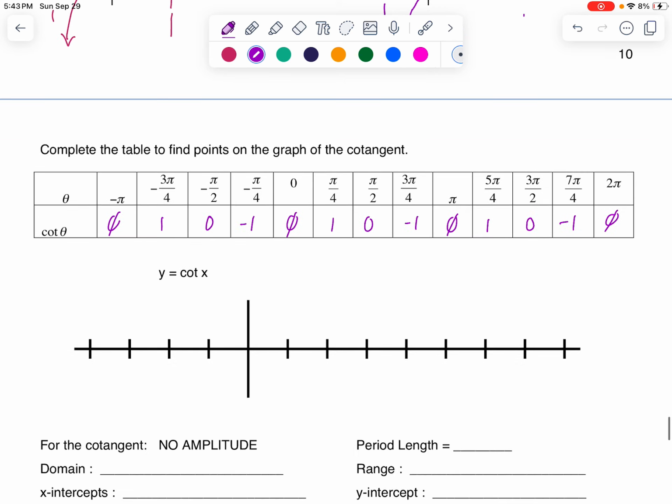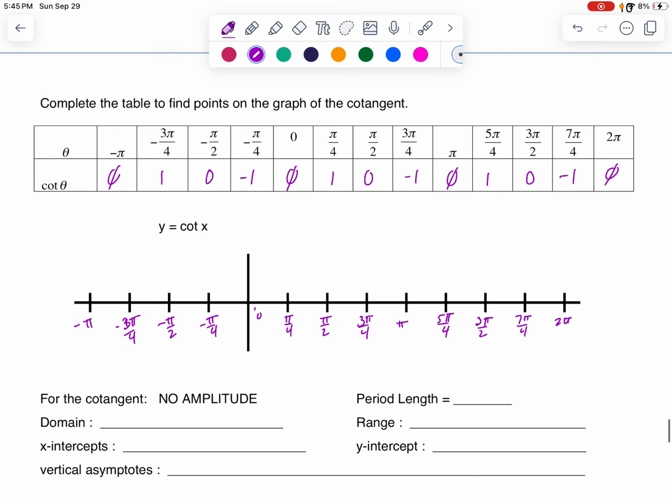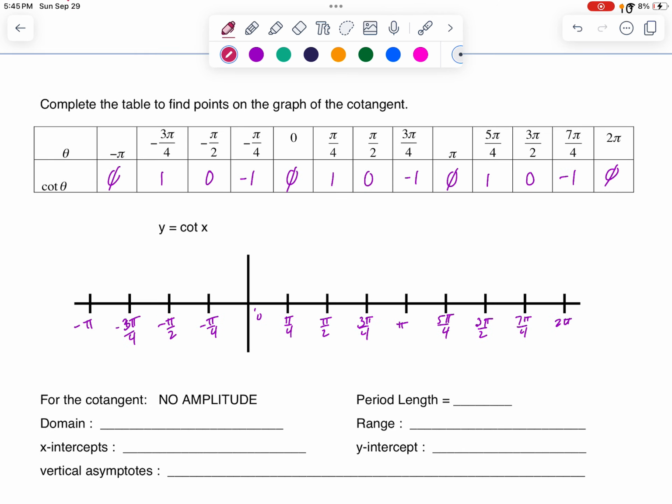Okay, so I'm going to go ahead and fill out my graph. So at negative pi we're undefined, so there's my asymptote.